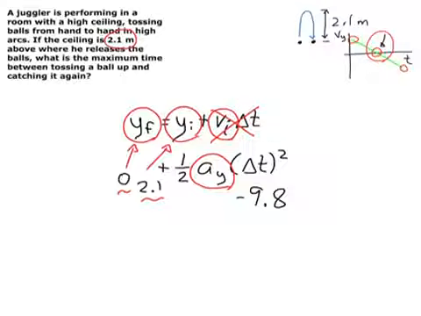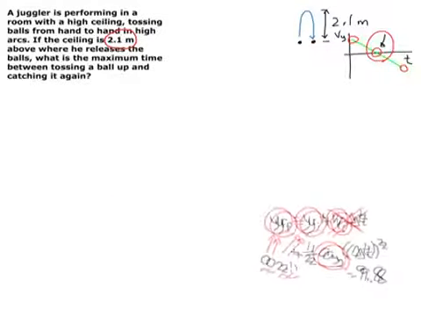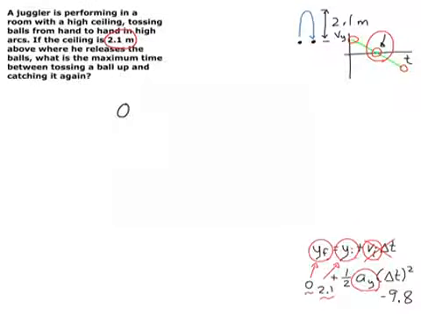And so at this point, we're ready to substitute numbers and do a calculation for the time. And let's do that. We'll rewrite the equation and put in those values. The final position, 0 meters, is equal to the initial position, 2.1 meters, plus, and then the velocity term went away, so we have the acceleration term, plus the acceleration, which is minus 9.8 meters per second squared, times the time interval squared.